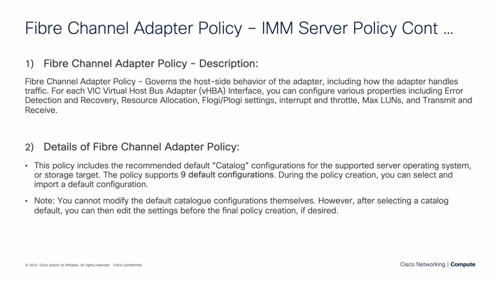Those defaults are probably going to meet your needs, and you probably don't want to change them unless you have something like a Cisco validated design or vendor instructions per use case. The defaults can't be changed in the catalog themselves, but you can leverage the catalog item, save the policy, and then go back in and edit the policy and tweak any of those settings.